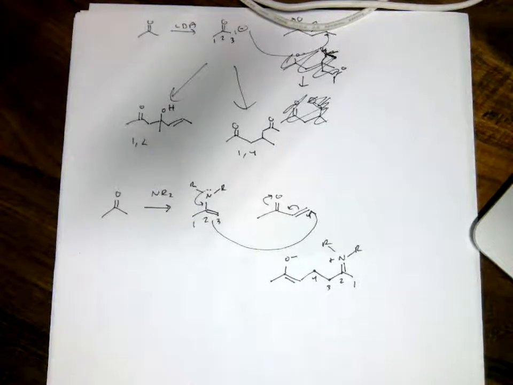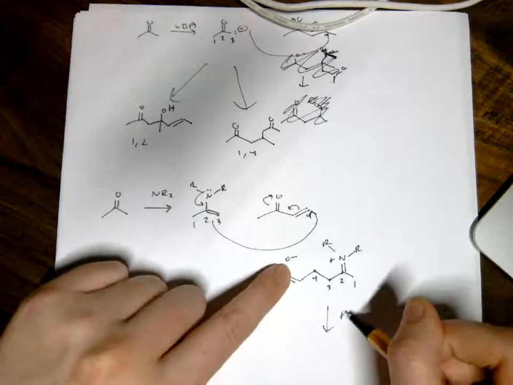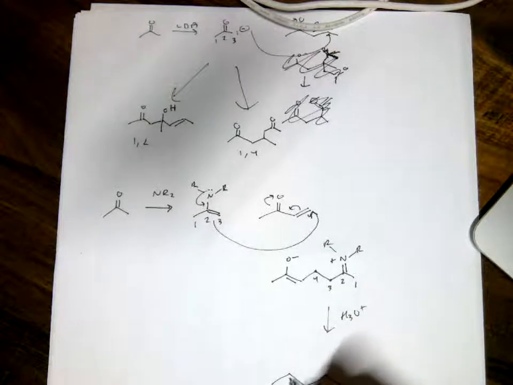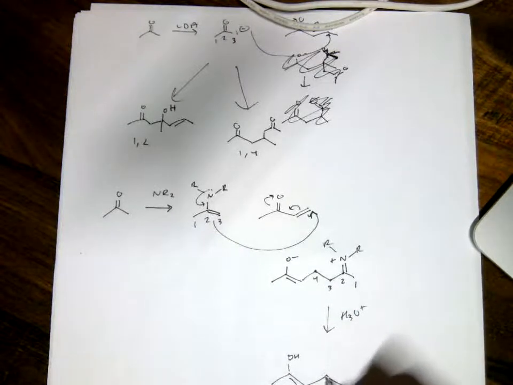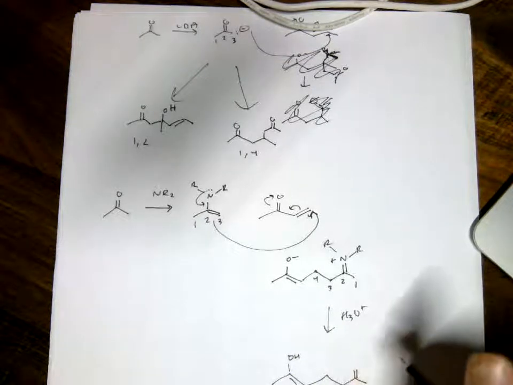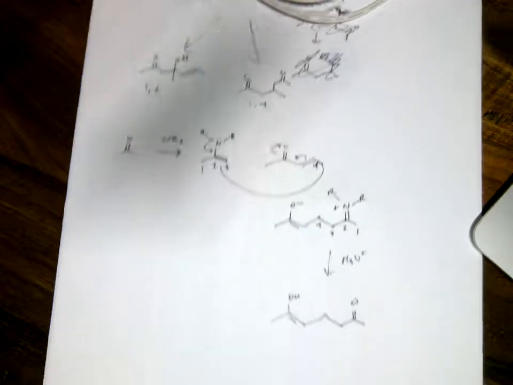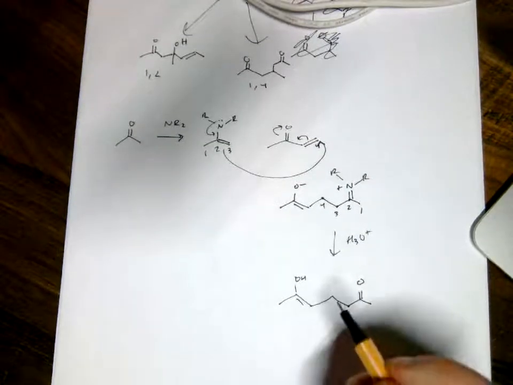And then when you add acid to turn this to alcohol, it will also turn this back into a ketone. If you remember, that's what happens. Enamines are reversible formation.